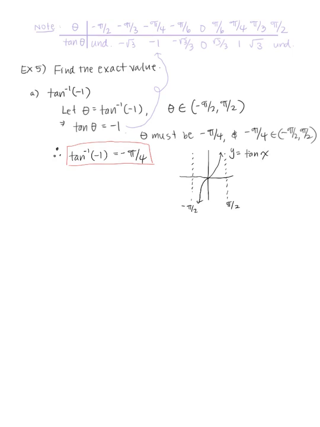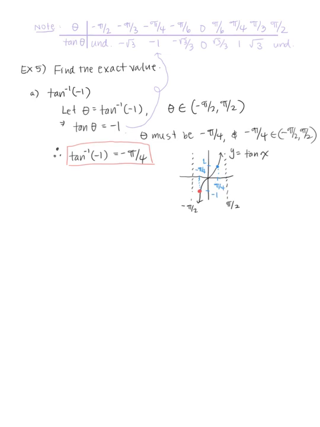Now, I'm not quite sure if you remember this or not, but at pi/4 and -pi/4, our y value here is going to be 1, and then our value here is going to be -1. So that should tell you that tan of theta equals -1 when theta is -pi/4. That's just another way to do it as well. So that was this point right here.